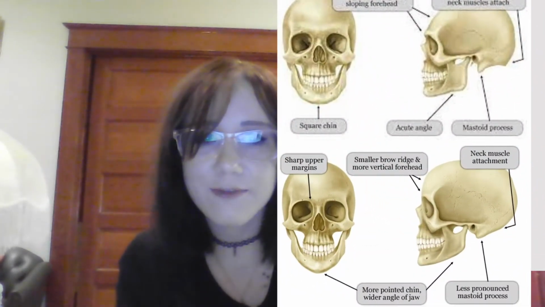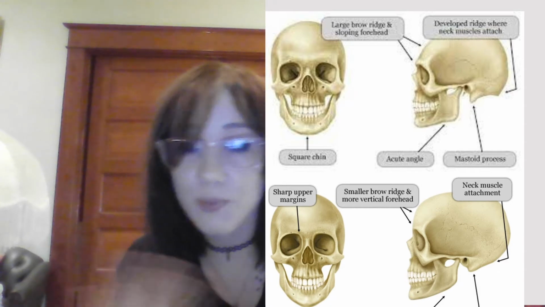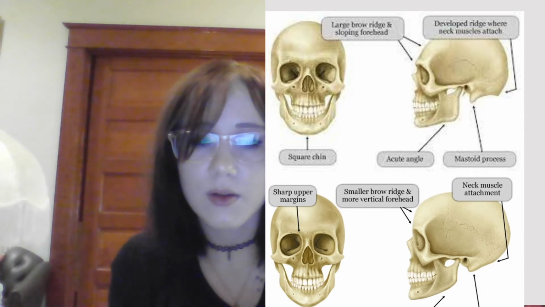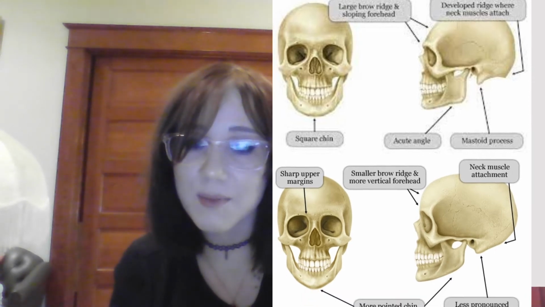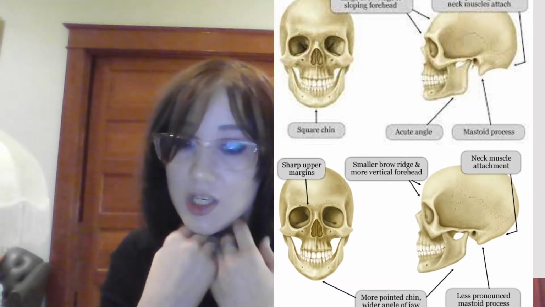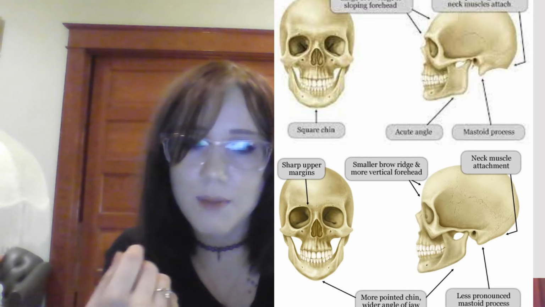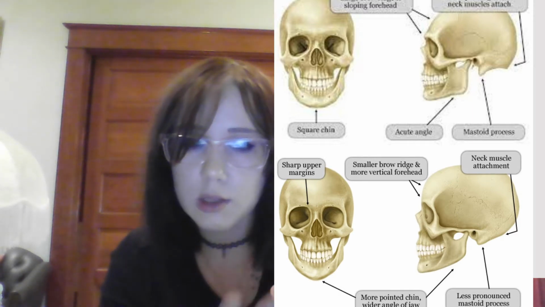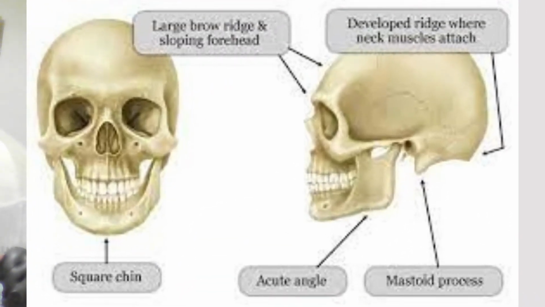Now, these key differences include men having more of a larger brow ridge and sloping forehead, while women tend to have a smaller brow ridge and more vertical forehead, and men tend to have more of a square chin, and women tend to have more of a wider angled chin. Men tend to have a larger mastoid process, which is this little ridge right on your right-hand side, and women tend to have a smaller mastoid process.